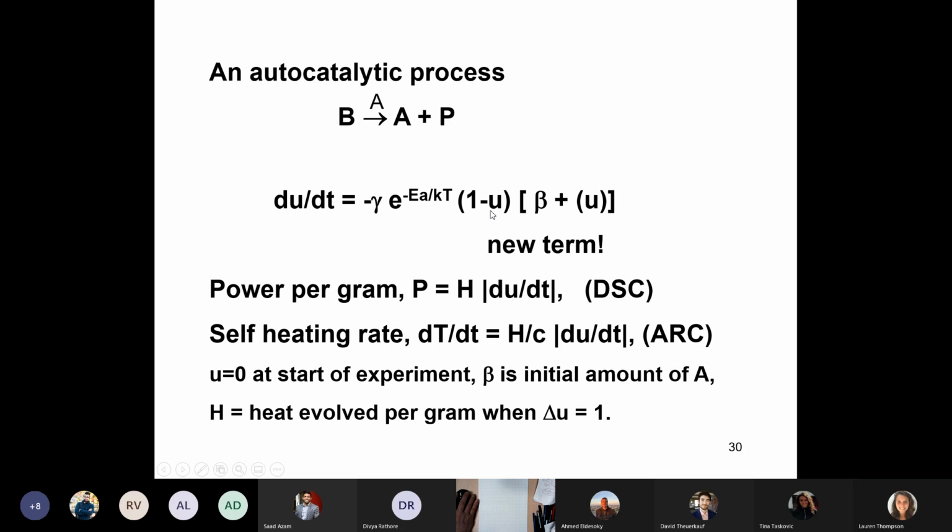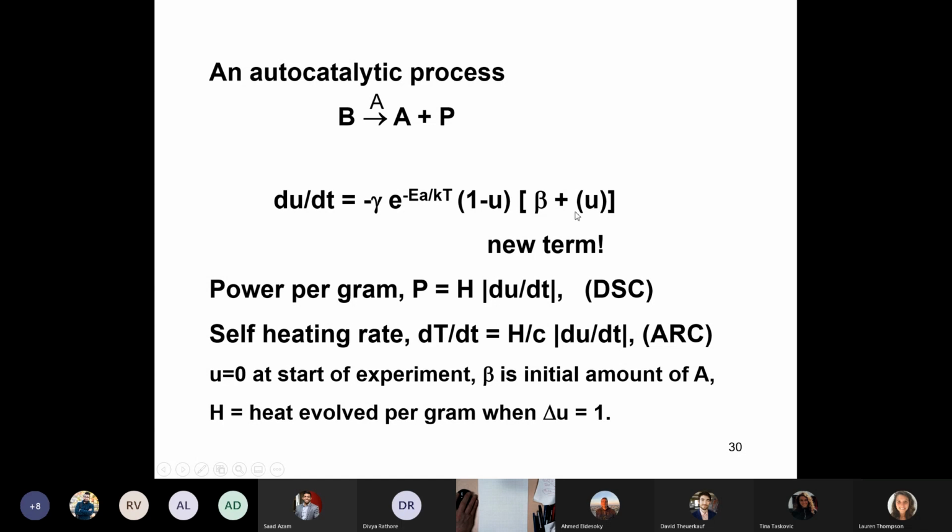And what you do is you add to the experiment, for the rate of change of the reactants into products, an extra term over here on the right. So what is this extra term? This represents the fact that as the reactants convert to products, U increases.